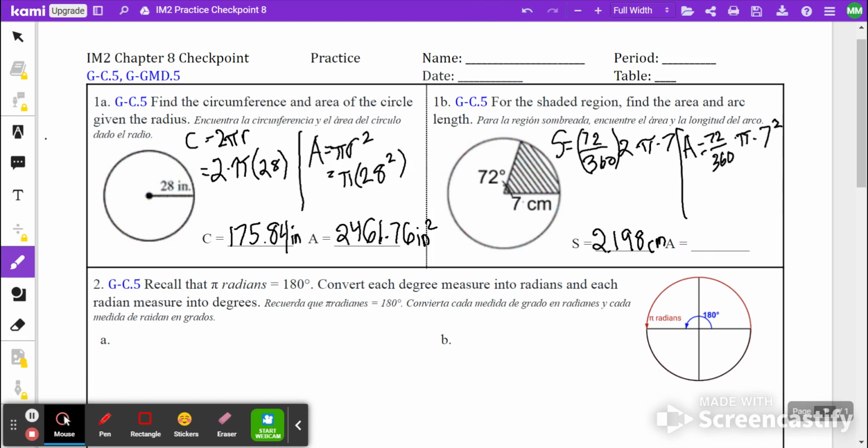And that equals 30.772. And pardon me, because I wrote that the arc length was 2.198, but I made a mistake when entering the values in my calculator. If I had done it right, it would have been 8.792 centimeters. And for the area, I want to make sure I write centimeters squared. Okay, continuing to the next problem.